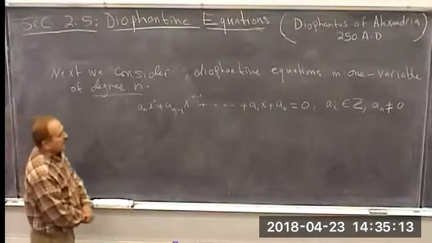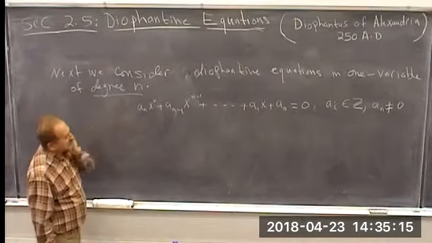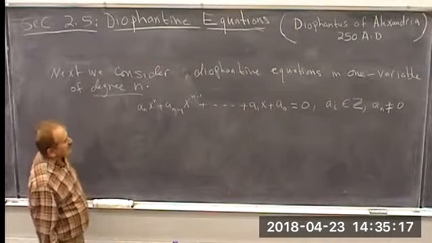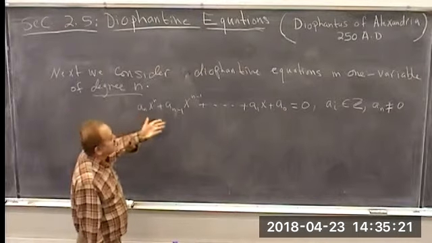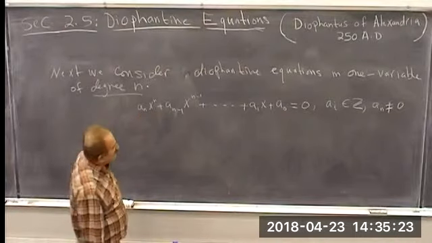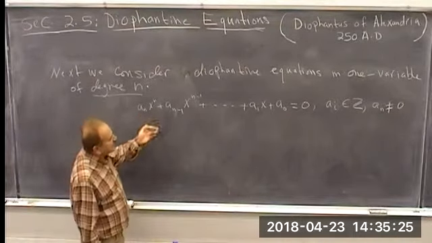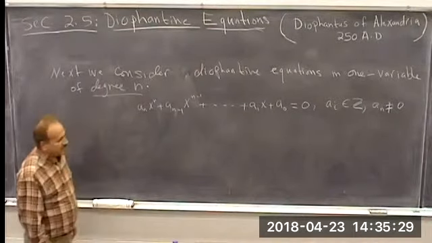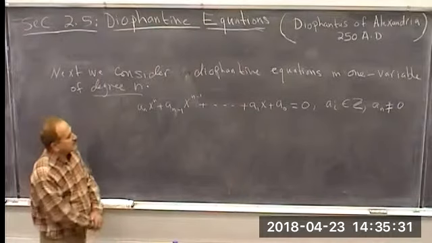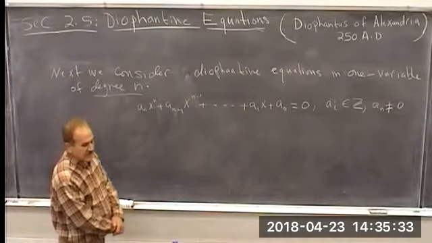Remember, with these kinds of equations, even when we deal with real numbers, finding all possible solutions in the real or the complex is very, very hard, unless it's a quadratic, maybe cubic, maybe quartic, which is fourth degree. After that, exact methods of solution are not available.